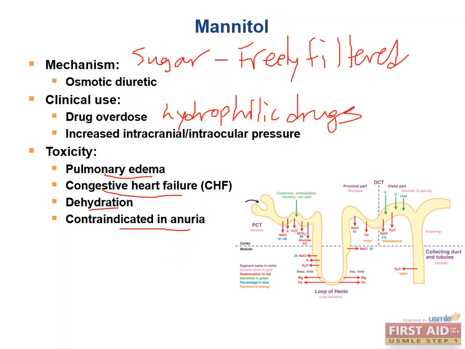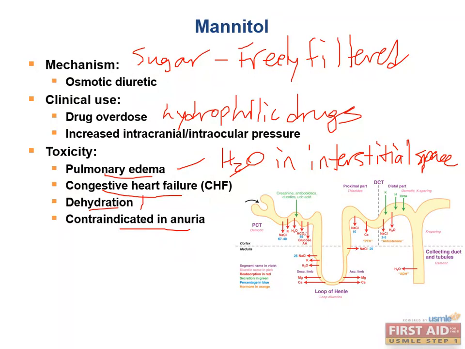So the reason it's causing pulmonary edema and CHF is that too much mannitol can cause water to come out of cells and into the interstitial space. And if patients are diuresed too much with mannitol, they can become dehydrated.